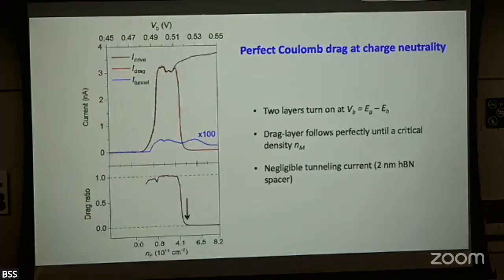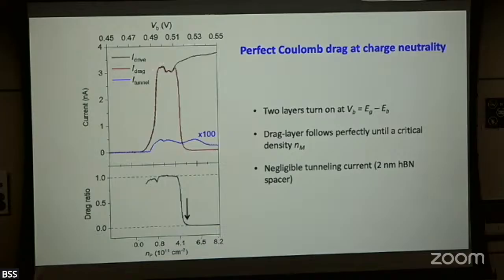The black curve is the drive current, and it turns on when the material becomes doped. You have some noise here, which is due to imperfection in the device. When you warm up or change to a different device, those wiggles are not there. Then you measure the drag current.